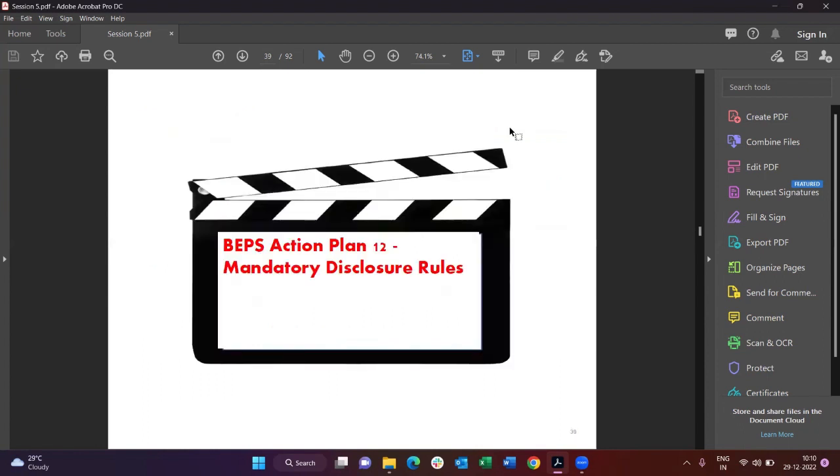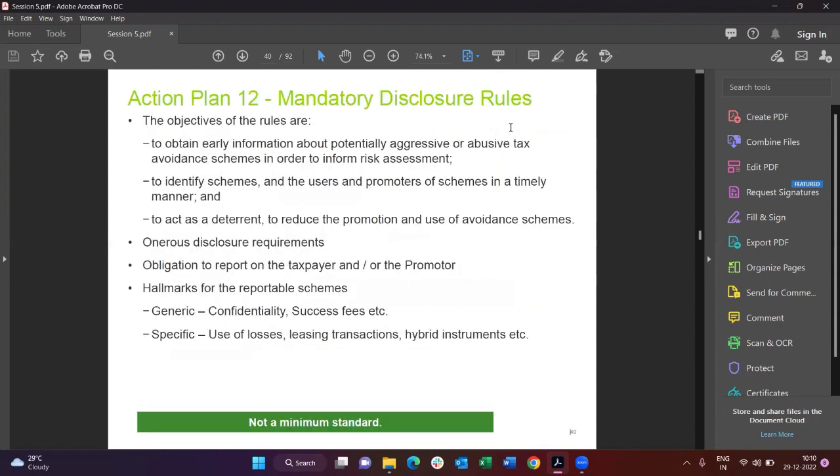Action Plan 12 was the mandatory disclosure rules. And this is not a minimum standard. These rules say that when an MNE is engaging in some aggressive tax planning or doing some tax planning, it will upfront by itself disclose this to the government. And the disclosure was mandatory.